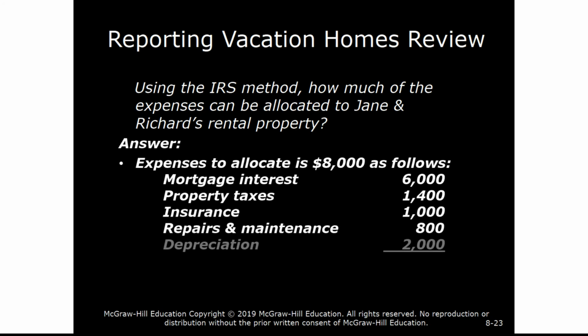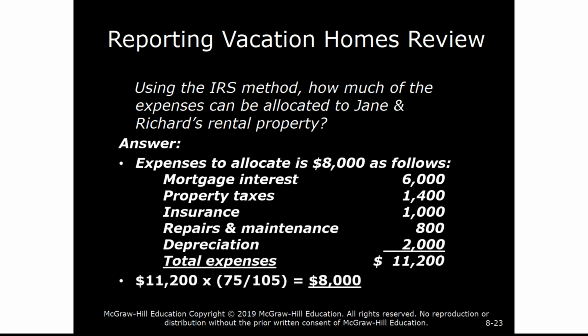So here's an allocation then using the IRS method where we just take the amount of the expenses. In this case, since we're using the same method for every expense, we can just take the total expenses and multiply by the 75 rental days divided by the total number of days used, both rental and personal, of 105.